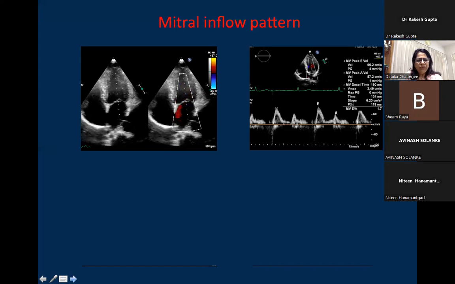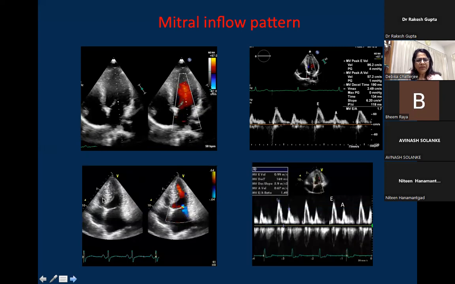Whereas you look at this patient, this is a patient of hypertrophic cardiomyopathy, as you can see. Look at the LA, hugely enlarged, and you get again E wave more than A wave. Now we know that this is abnormal, and this might be normal, but then how do we differentiate? How do we confidently tell that this is normal, this is abnormal, this is pseudonormal?